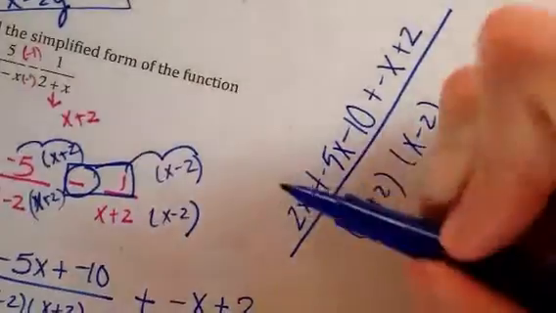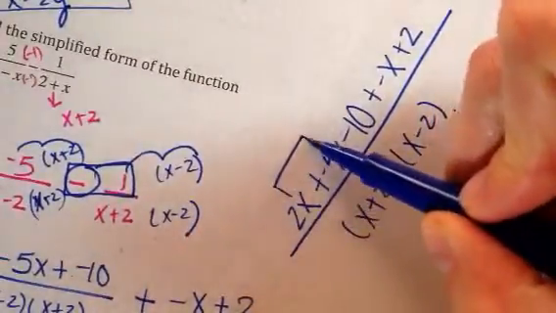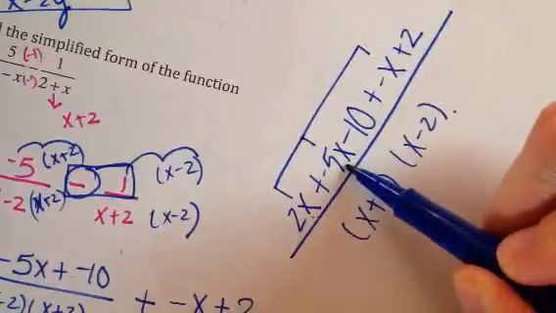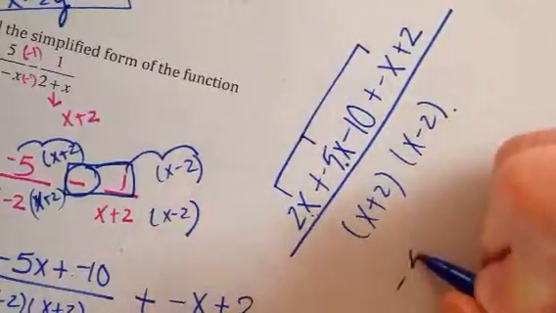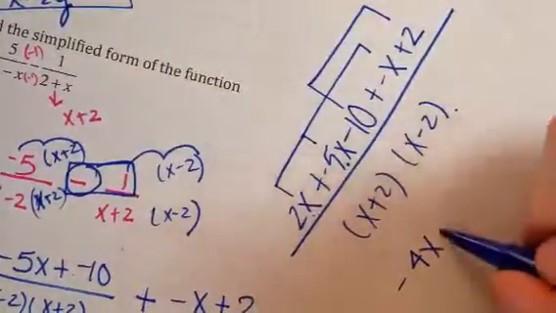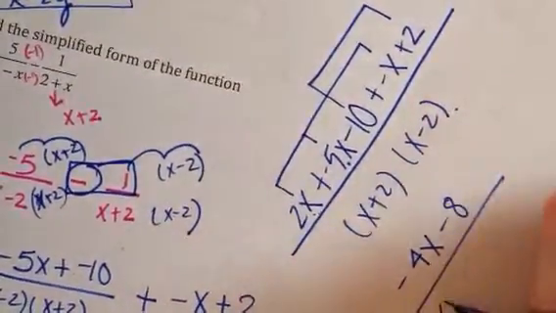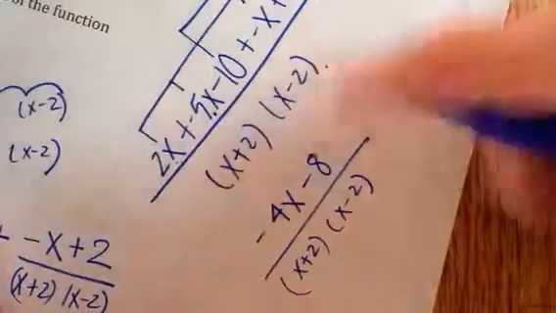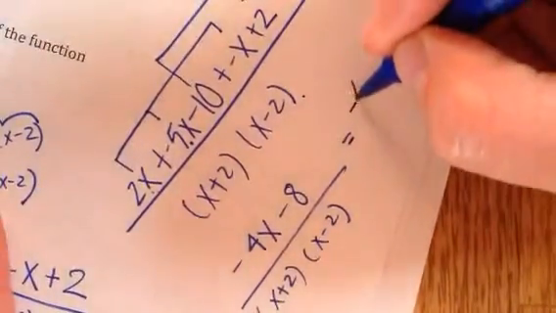Now I'm going to combine like terms. 2x minus 5x minus x. So this would be negative 3x. Take away one more would be negative 4x. Negative 10 plus 2 would be negative 8. Over x plus 2, x minus 2. GCF in the top. So you're never finished until you can't factor anything else out.